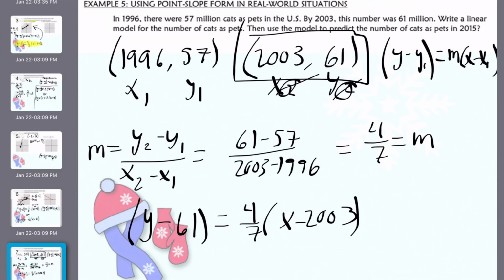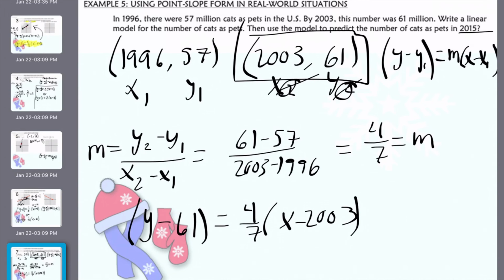But now they want me to use the model to predict the number of cats as pets in 2015. I recognize that the points that I've used so far, I've always used years as my x value, and I actually had to do the exact same thing here, okay?